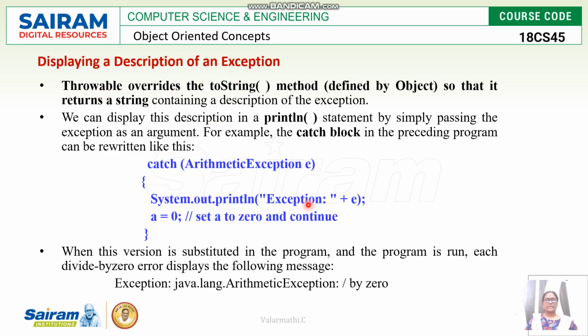Using System.out.println with the object e. e is nothing but the object for the ArithmeticException. Say, for example, ArithmeticException is my exception, and e is the object. Inside the catch, I can write my System.out.println with the heading "Exception" and then e.